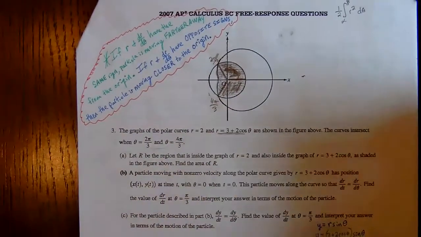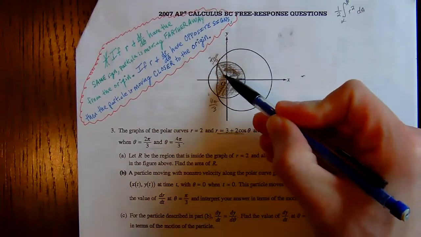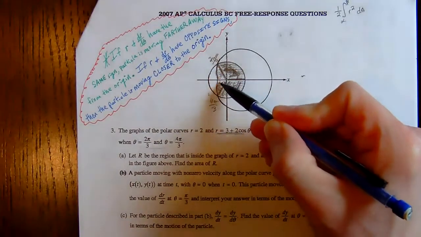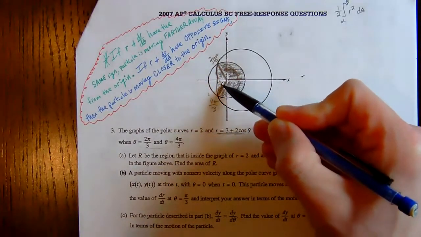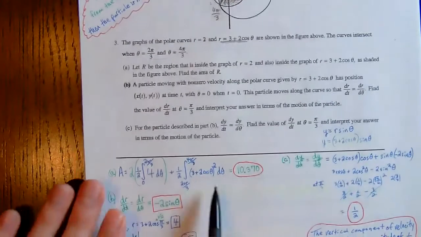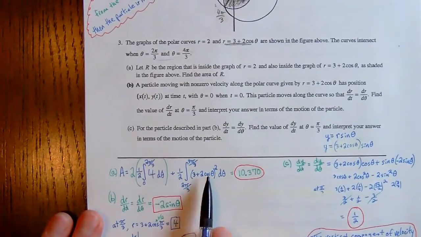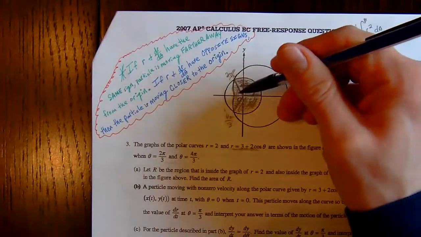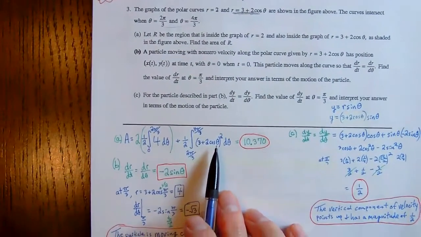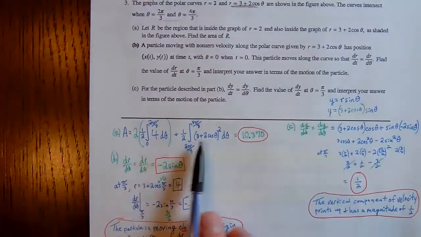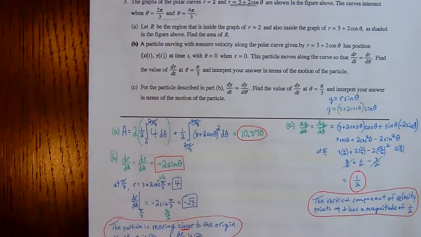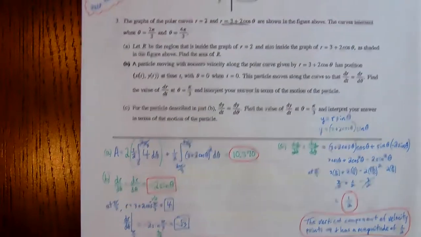And then if you just think about the windshield wiper idea, you're going from this windshield wiper, the 2 pi over 3, to this windshield wiper right here, just traveling along that curve. So we put that equation in there, knowing that we're just going to keep it to that portion of it, from this angle to this angle. And so this is a calculator problem. So you can just math 9 both of those integrals, and you should be able to come up with that decimal answer right there.